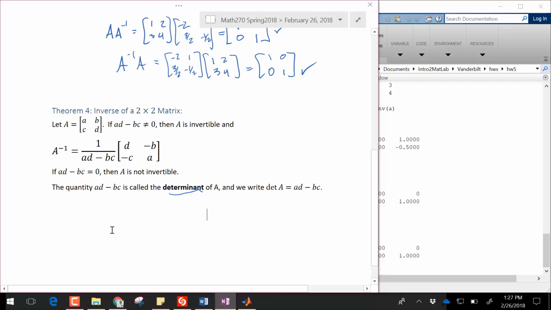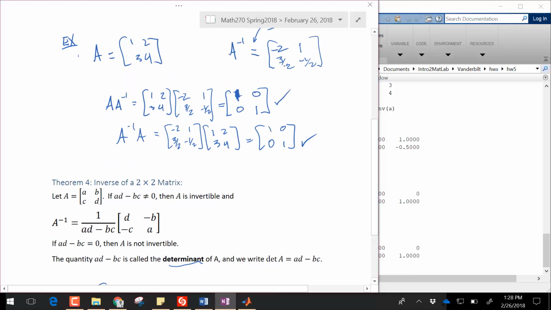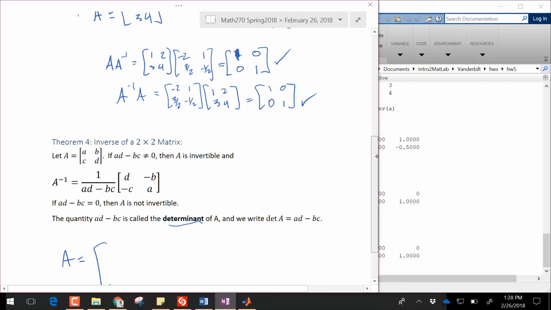All right. So let's check our A matrix and how MATLAB was able to get this -2, 1, 3 halves, and -1/2.